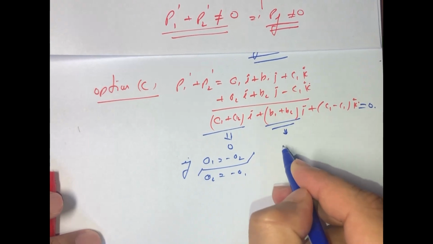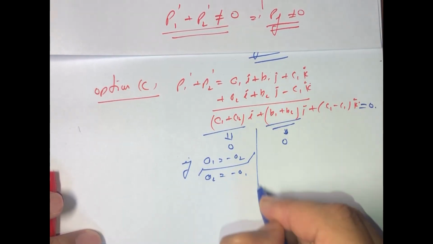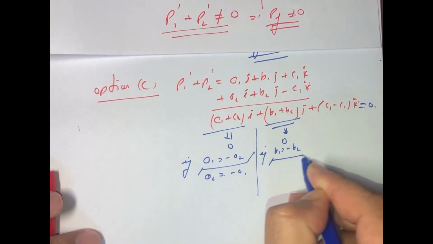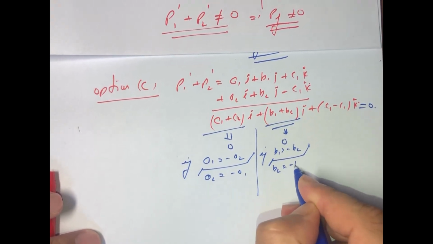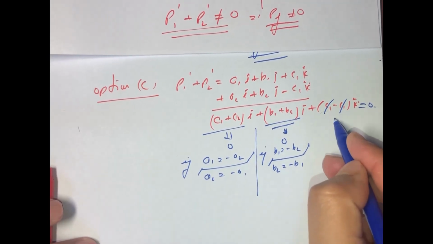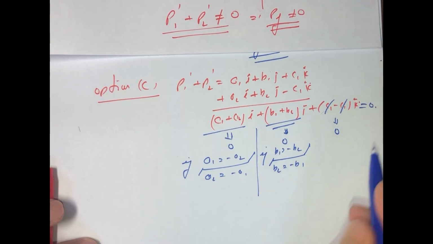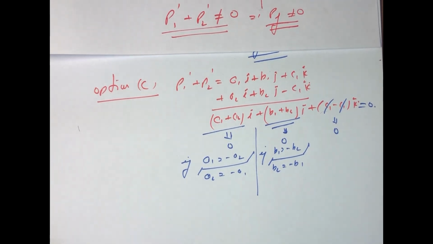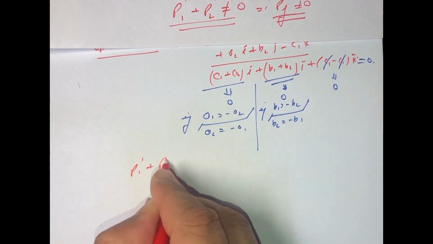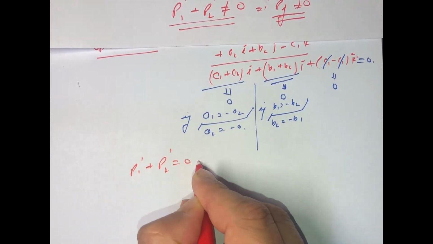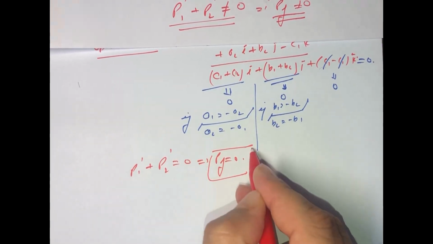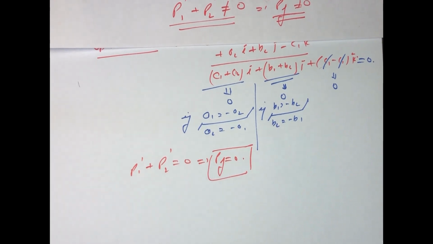This term can also be equal to 0 if b1 is equal to minus of b2 or b2 is equal to minus of b1, and this term is itself completely equal to 0. So from here we can say that our p1 prime plus p2 prime is equal to 0, or the final momentum is equal to 0, and this is also true.